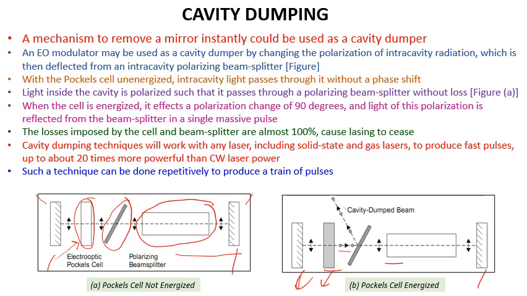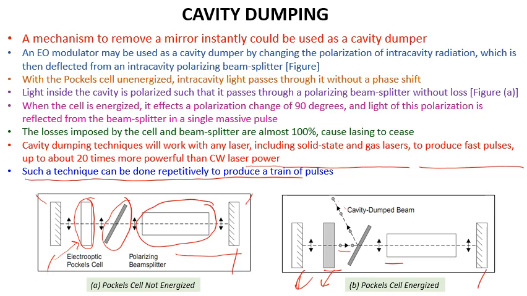So all these things are mentioned here, which I explained. It can work with any kind of laser. It can be a solid state laser, or it can be a gas laser. Any laser, if it is working in a CW mode, can be converted in this way, to produce fast pulses up to 20 times more powerful than a CW laser.